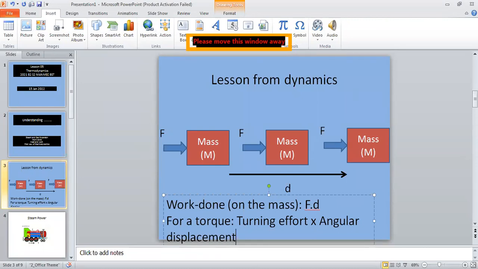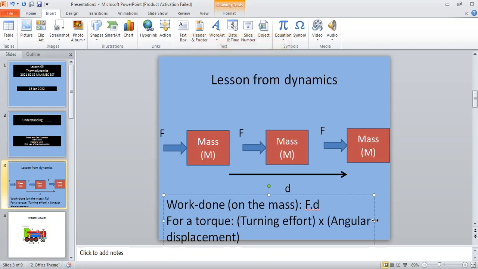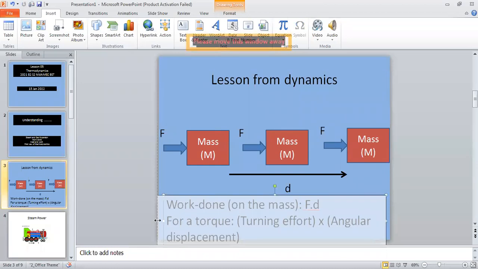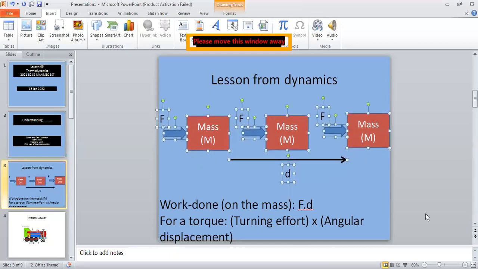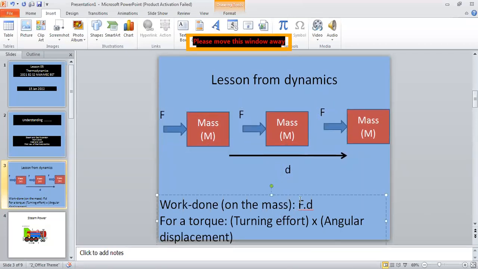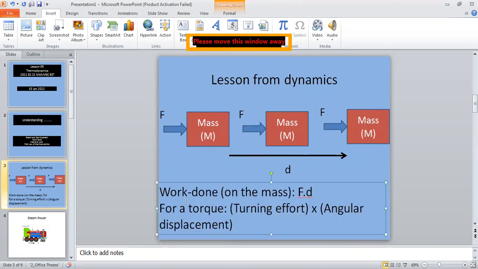It's a very reasonable definition. Turning effort we call torque. It's a different story. So what I want to say is, even your motor bicycle engine, car engine, or even when you pedal the bicycle, torque is applied. So this is linear, and this is again a work done.